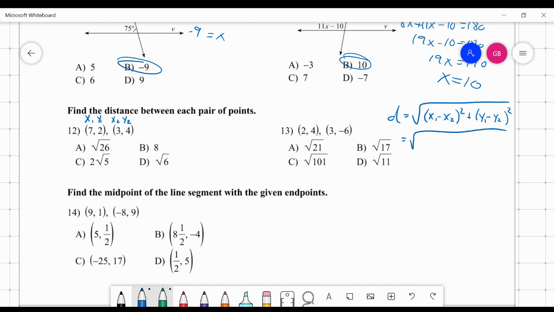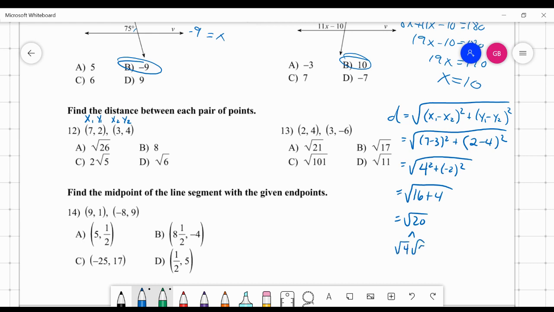So 7 minus 3 squared plus 2 minus 4 squared. That's 4 squared plus negative 2 squared, which is 16 plus 4, which is square root 20. Okay, but square root 20 you could simplify. Square root of 4 times square root of 5 is 2 square root of 5.